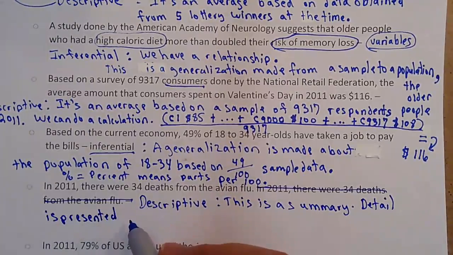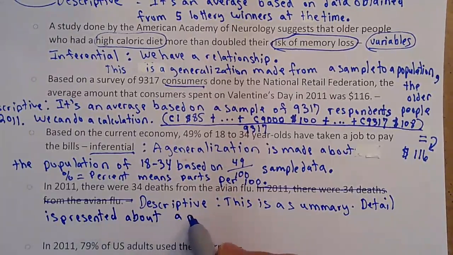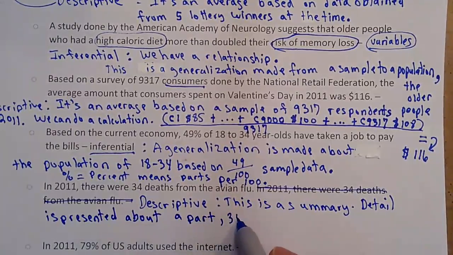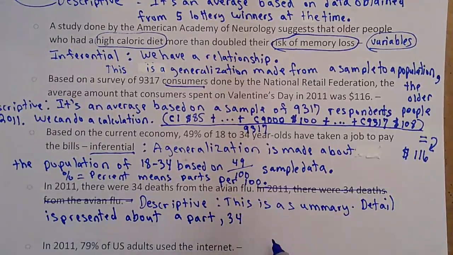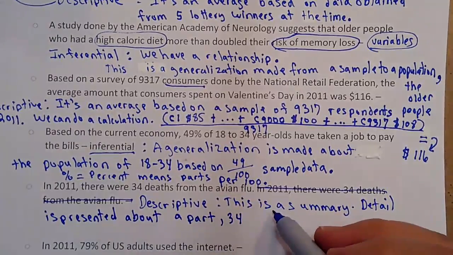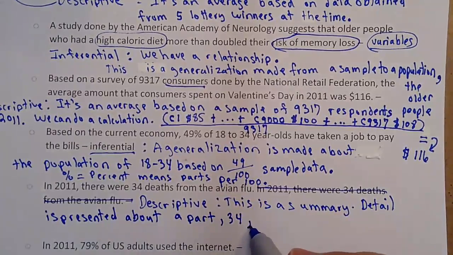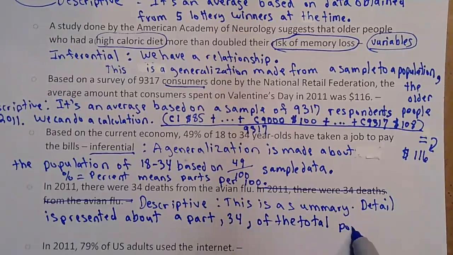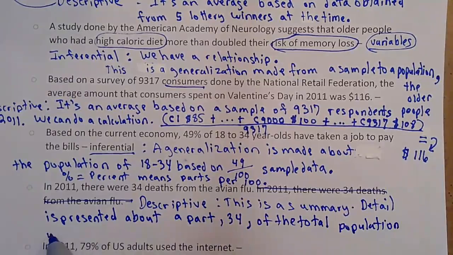Detail is presented about a part, which would be that 34, those who actually died of the avian flu, a part of the total population with avian flu.